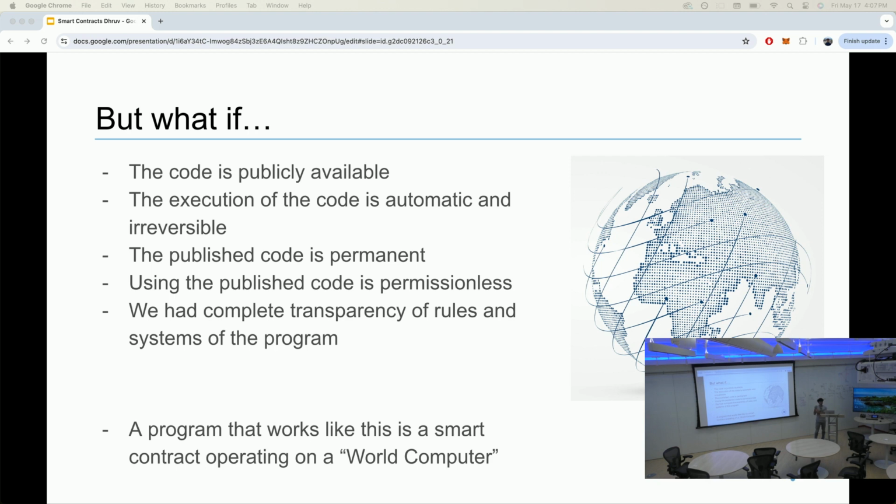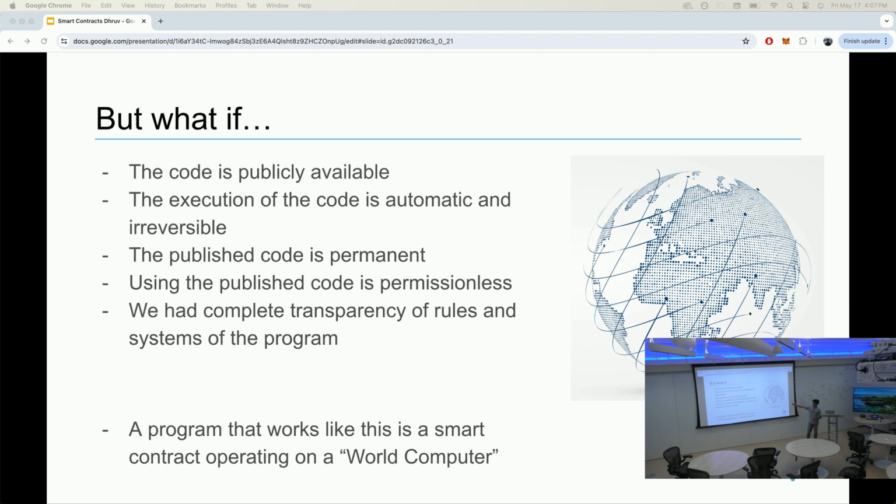Because in the model we were talking about before, you're assuming that everything's going on behind the scenes as you'd expect, but the employees developing this code can do whatever they want to modify how things are actually working under the hood. If the execution of the code is automatic and irreversible, that doesn't give this small group of people overwhelming control over it.